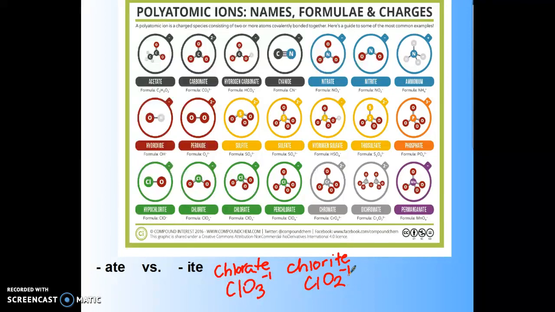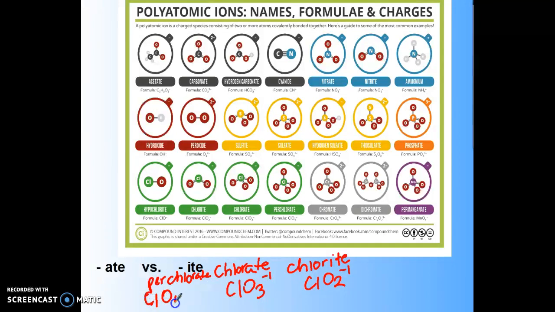There are a couple others that are a little bit different because it could have a prefix as well. And so chlorate is a really good example because it could have even more oxygens. It could have 1 more than the chlorate, and that would be called perchlorate, and that has the prefix per, and that would have 4 oxygens.